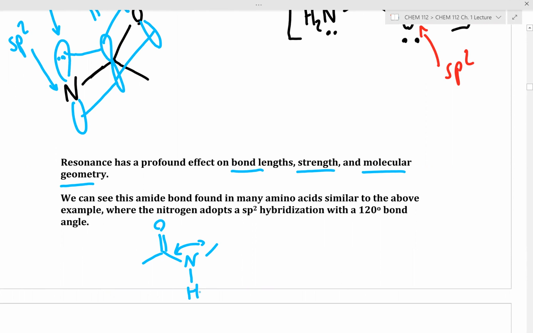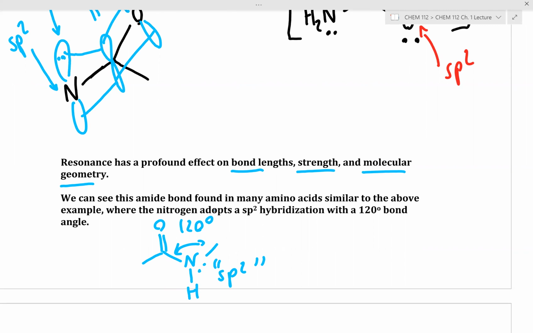Considering that we know that the amide nitrogen has a large amount of sp2 character, what would we expect the bond angle to be around that nitrogen? 120 degrees. So this is why you always need to keep an eye out for resonance effects, because it directly impacts your observed bond angles and your observed bond strength. Everyone clear on that? Okay.